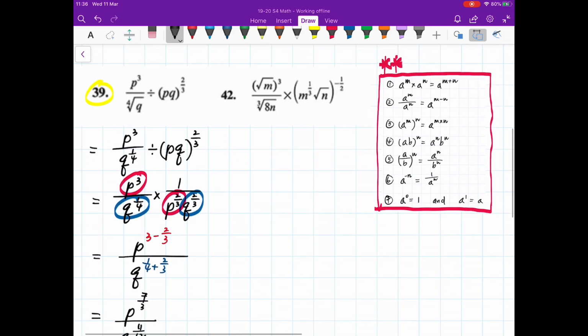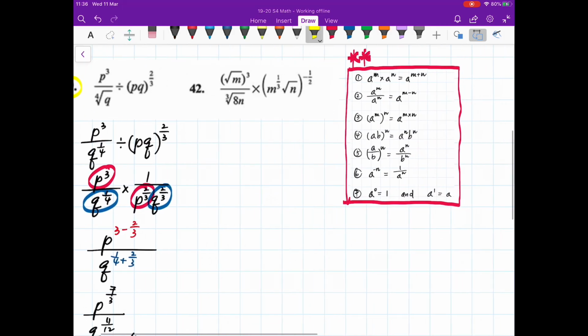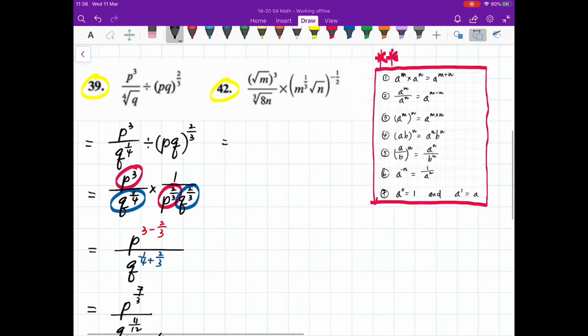Okay, then let's take a look at question 42. Again, this time we are going to change all the roots into rational index first.